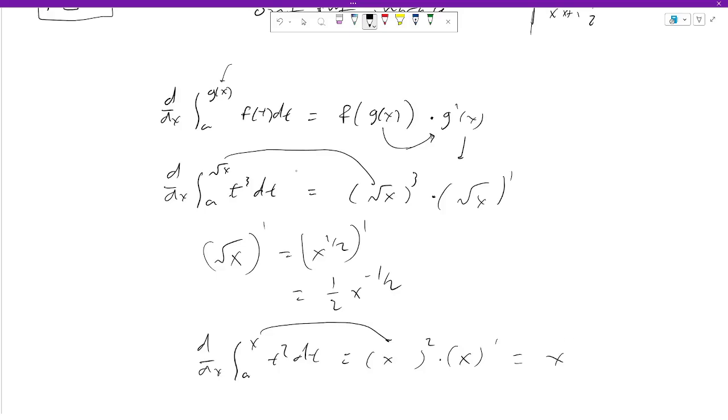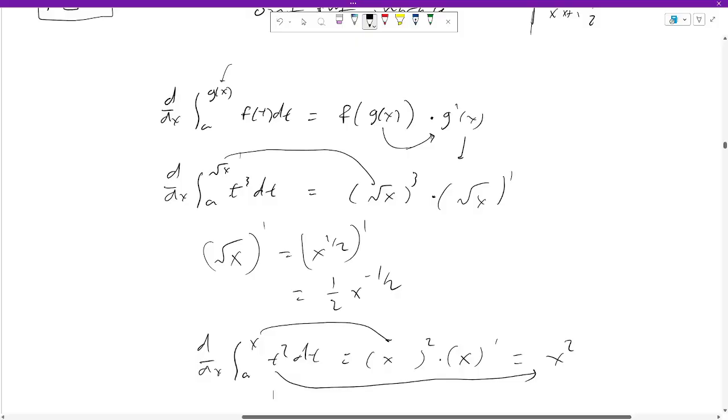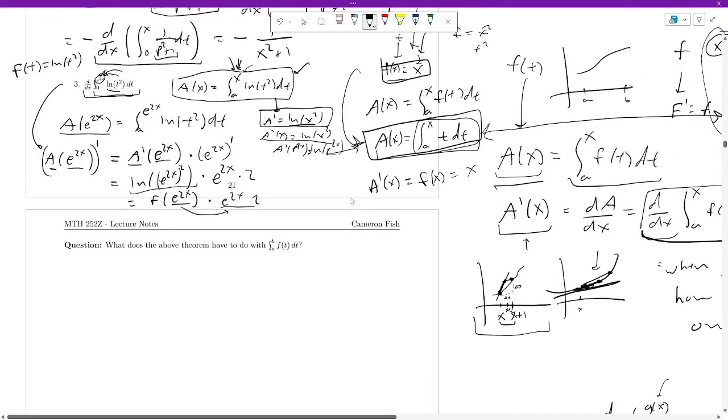Oh, but the derivative of x is just 1, so I don't have to multiply by 1, so I can just write x squared. And now that looks just like the first version we had, where when I do d/dx of the integral, I just copy the inside function but write an x there instead. So that's really one theorem, but the chain rule thing is a little bit tricky.